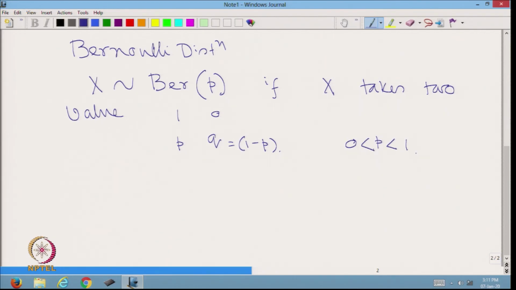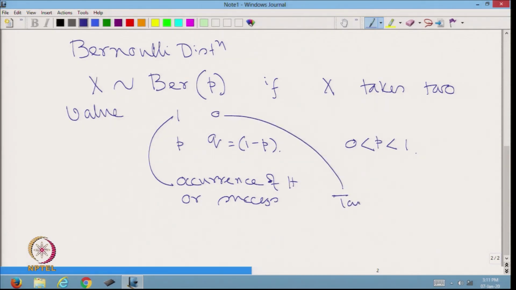This we have used to model the toss of a coin, where by 1 we mean occurrence of a head or a success, and by 0 we mean a tail or failure. This we have discussed already.